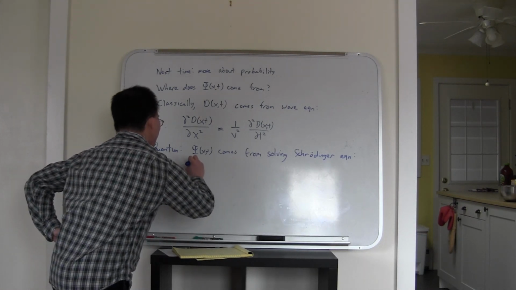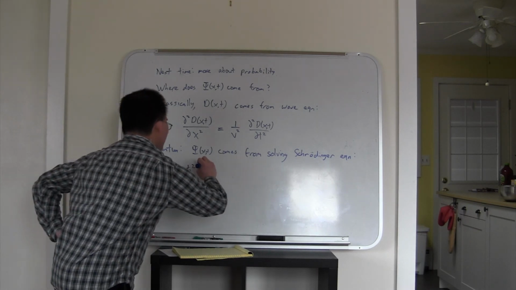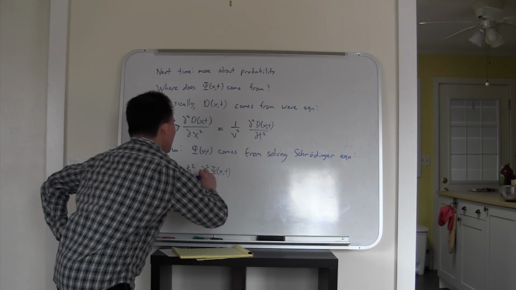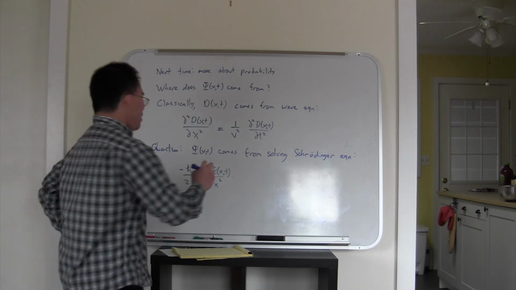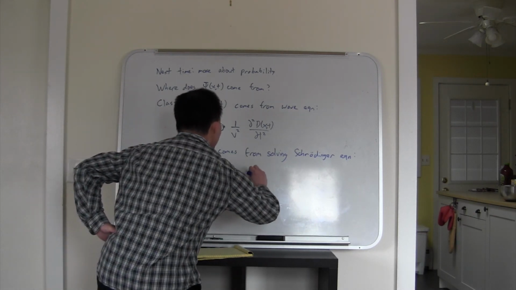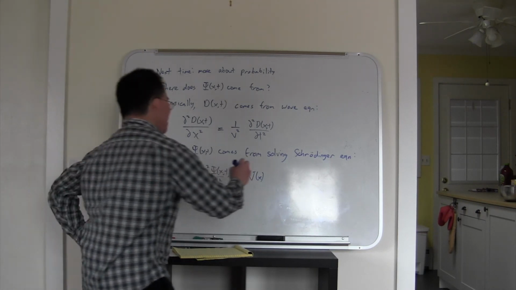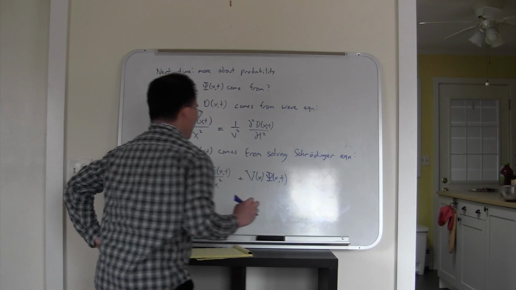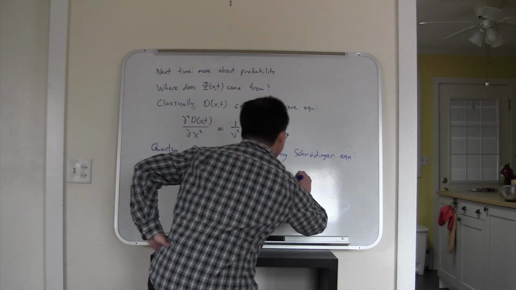Minus h bar squared over 2m, the second derivative of psi with respect to x, plus some potential energy that varies in space possibly, and this all equals i h bar.